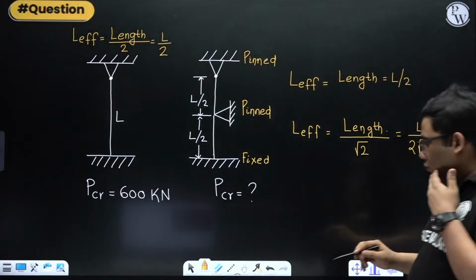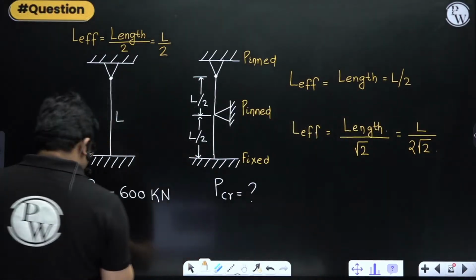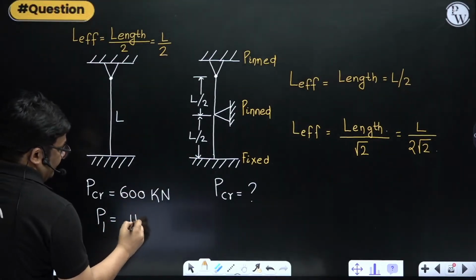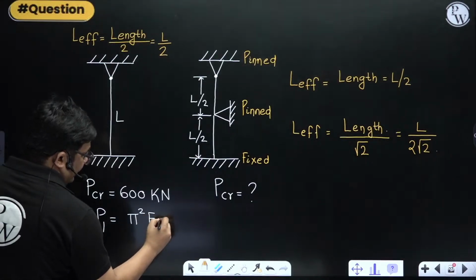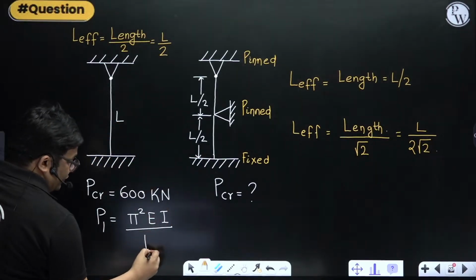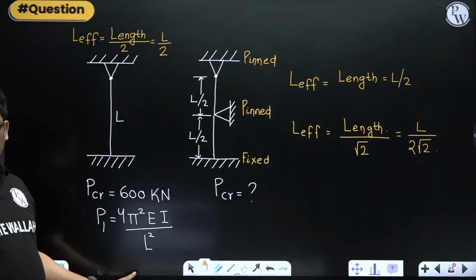If I take this as P1, P1 will be pi square EI by L effective square. So L square by 4. This will be 4 pi square EI by L square.